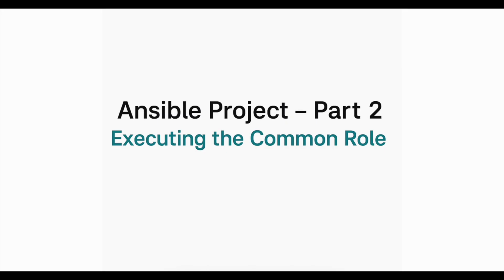In the previous video, we set up our Ansible project and verified our connection to the target server. In this part, we will actually execute our first role, the common role. This role helps us prepare the server with basic setup steps that are usually required in most projects. Let's open the folder structure again.